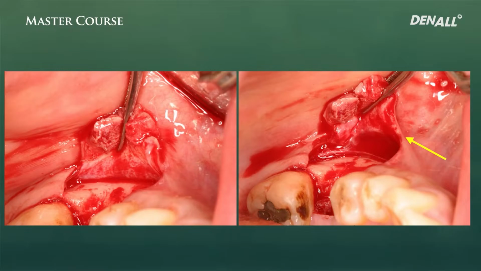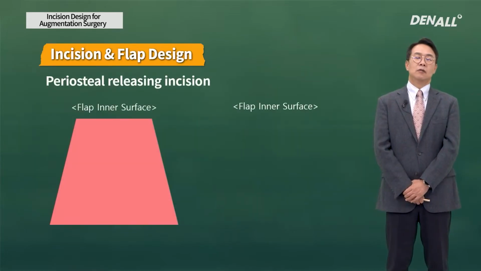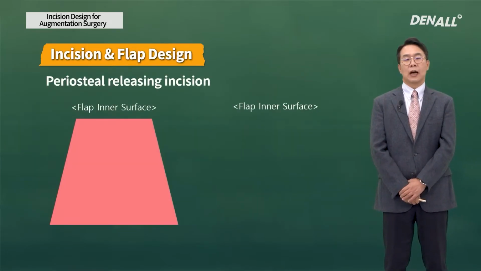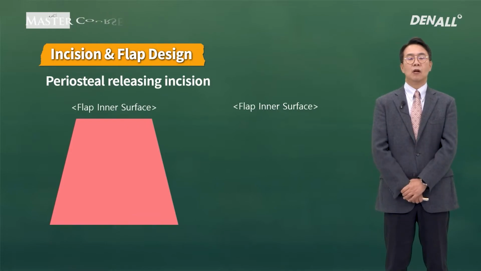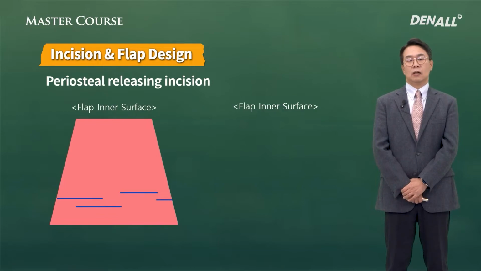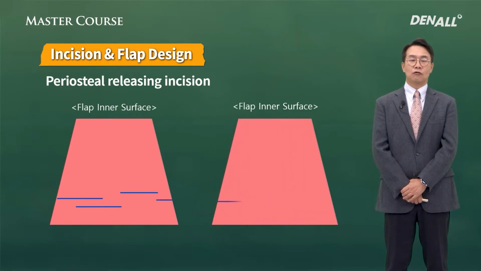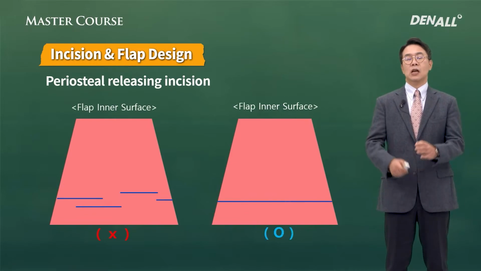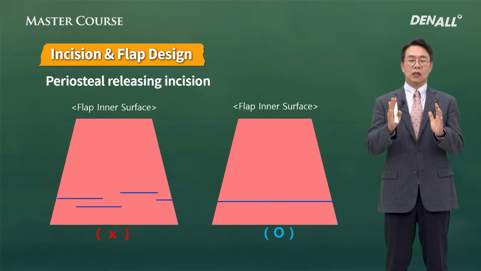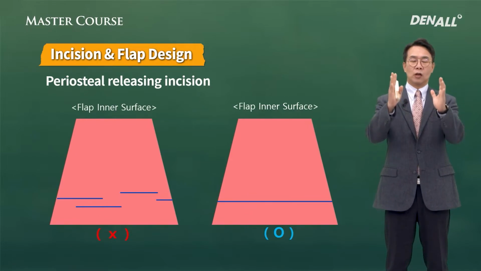At a glance, you can see a lot of bleeding. That's the indication that it is cut. So you can check whether it is cut or not by looking at bleeding. What is important here is, as I said before, inside the flap, how periosteal incisions can be made, like this or everything in one line, like the one on the right that is recommended for consistent tension reduction throughout the flap.